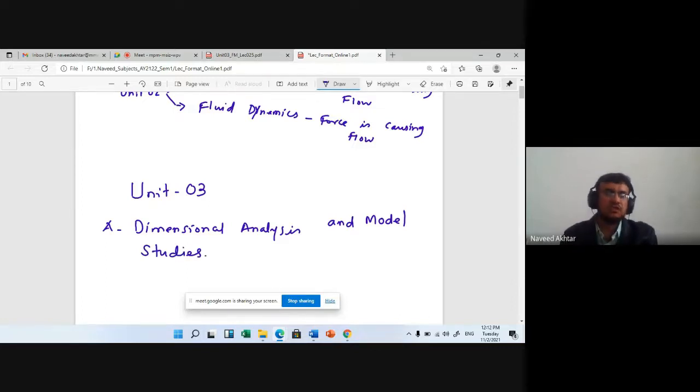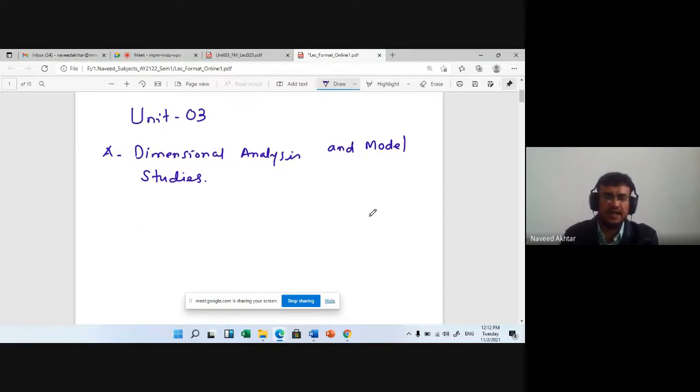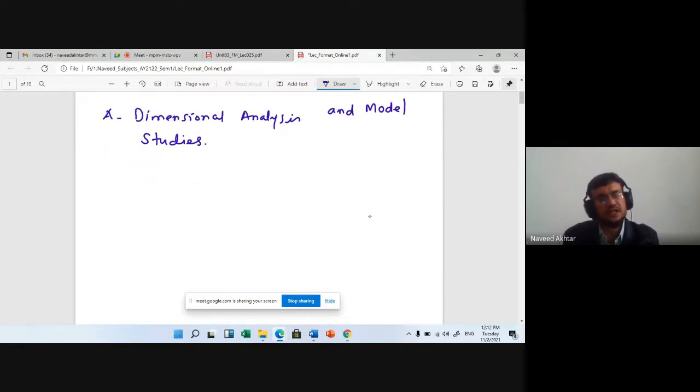So you know what dimension means: your length, area, volume, the quantities we can measure. Dimensionless quantities are also there, such as Reynolds number, Mach number, etc. There are different types of quantities we can measure, some are dimensional quantities and some are dimensionless quantities.